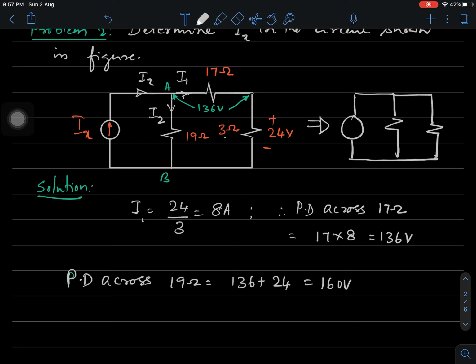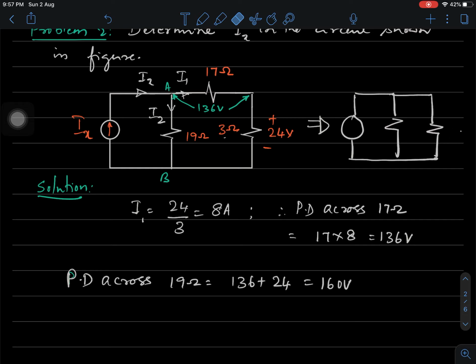We can even do it this way. What is the resistance?